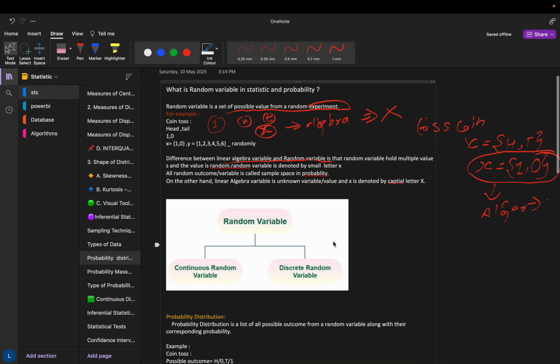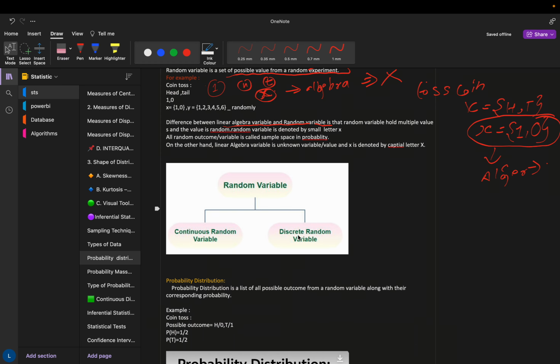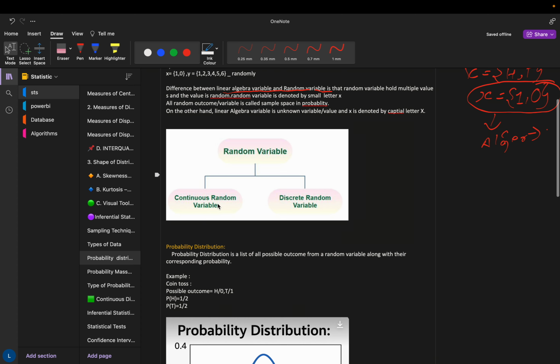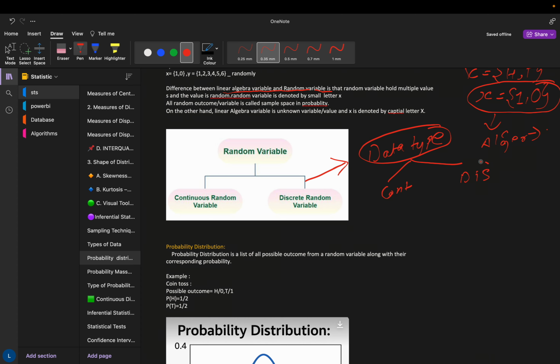Now, before understanding the random variable, we need to understand continuous random variables and discrete random variables. They are normally generated from the data type. We normally have two types of data: one is continuous and another is discrete.